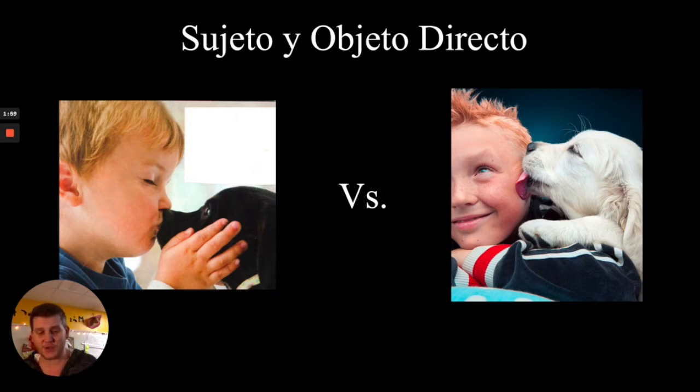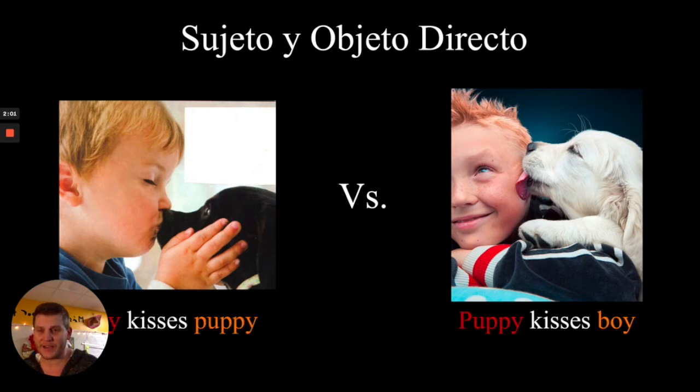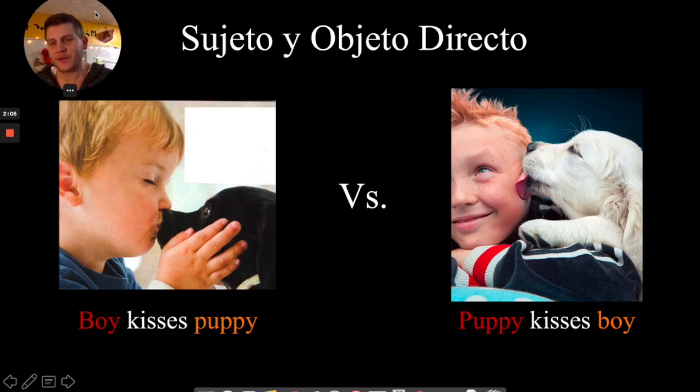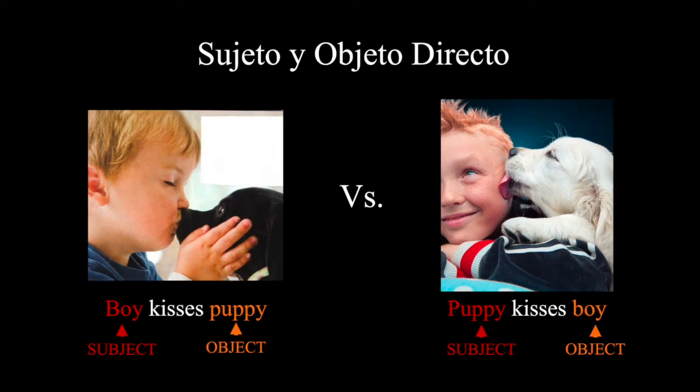Here we can see that illustrated on the left side here, let me get my little guy out of the way. Boy kisses puppy, whereas on the other side, puppy kisses boy. Our subject and direct object switched between those two. The boy is the subject in the first one, he's doing the kissing, and the puppy is being kissed.